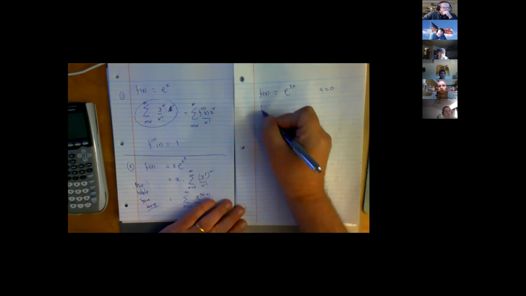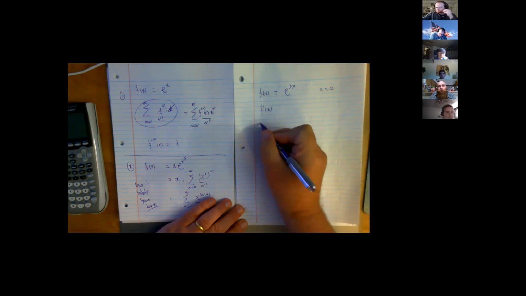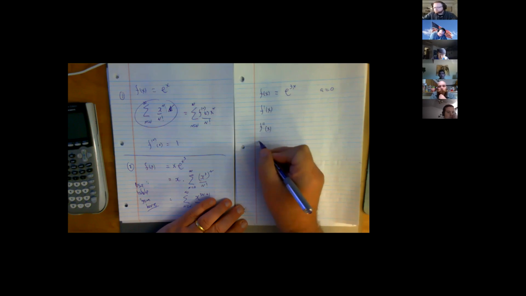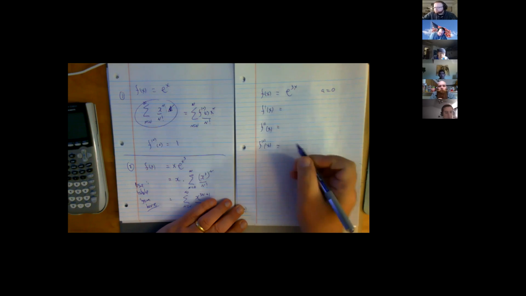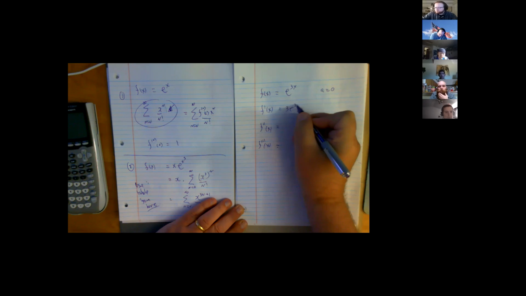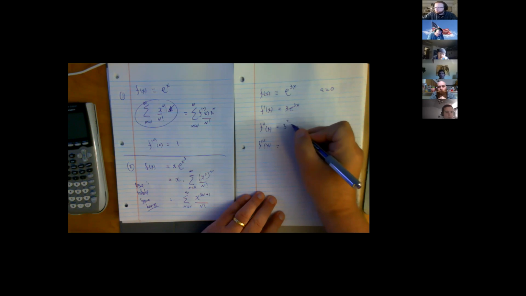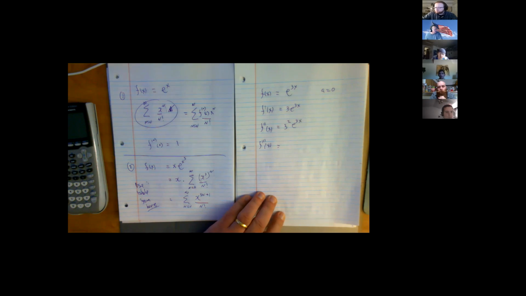So let me try this one. Normally, you should see a pattern by the third derivative, unless it's really weird. Would you agree that's the first derivative? Now, if you get the second, don't call it 9. If you call it 9, you'll never get a pattern. Call it 3 squared.